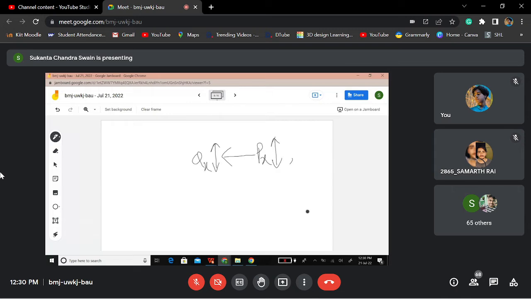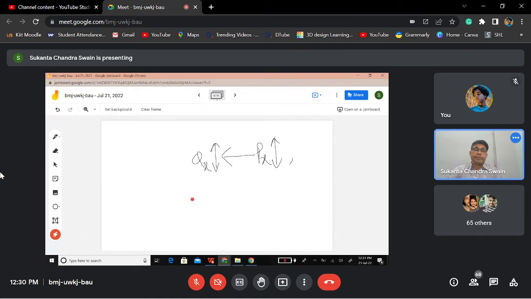Okay, now suppose demand for commodity X is changing. I have put the arrow mark down and up, meaning increasing, decreasing. There is an increase or decrease due to, suppose, change in price of X. Price is changing, demand is changing, other things remaining constant.